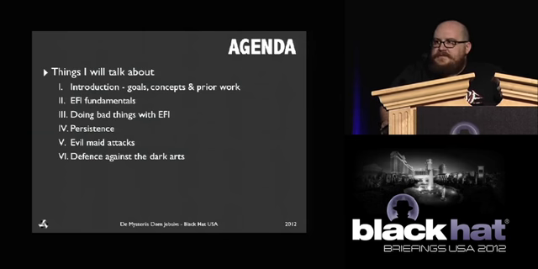Then doing some bad stuff with EFI, what kind of things we can actually do from within EFI and attacking the kernel. A few things about persistence, how we actually persist a rootkit in EFI on a Mac. Then a few evil maid attack scenarios that we can carry out with EFI, and then a few defensive measures that we can use to mitigate this type of attack.